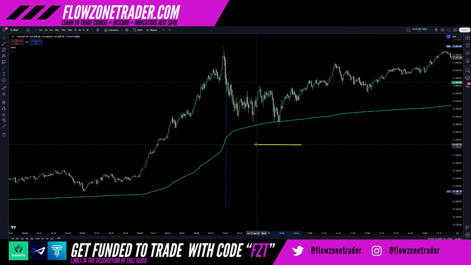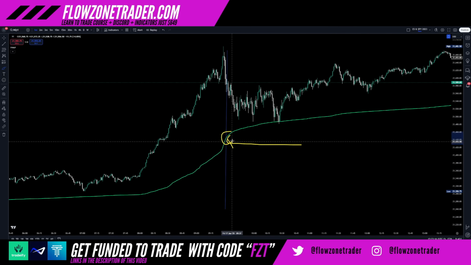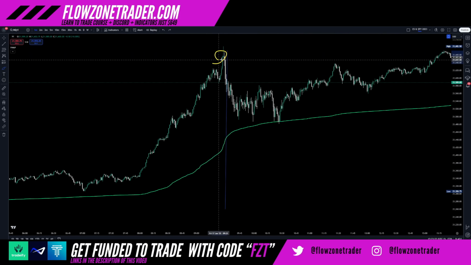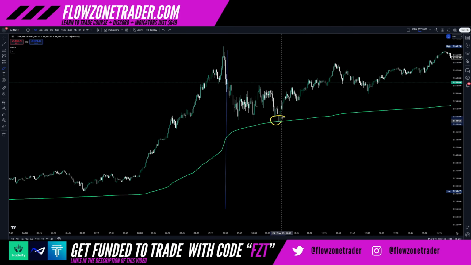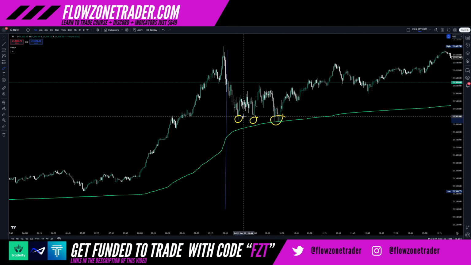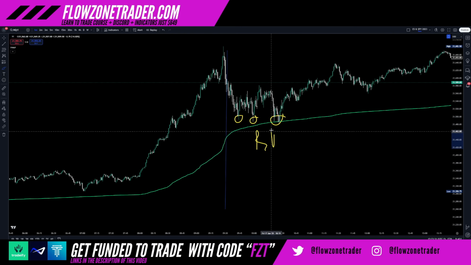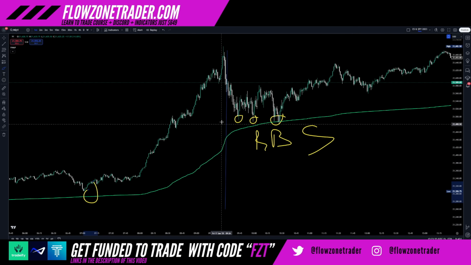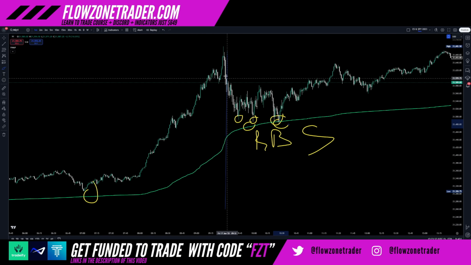Now, if we know that this is deemed as fair value, if volume weighted average price is fair value, do we want to be buying too far away from the volume weighted average price? No, what we'd really like is a back test, just like an RBS, resistance becomes support. We want the back test of this volume weighted average price.